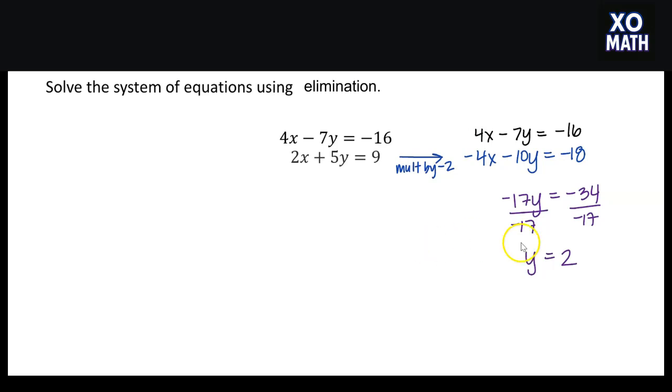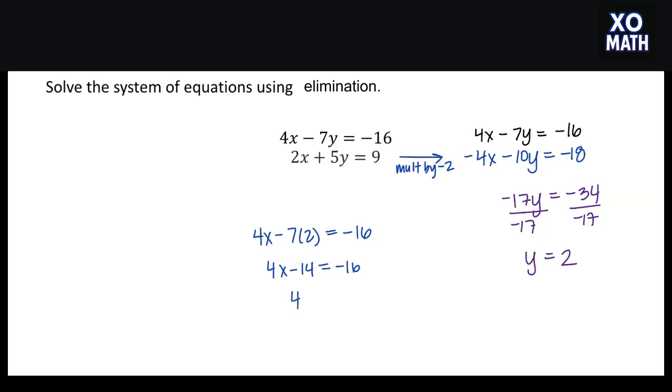Now substituting back into either equation, I'll go ahead and substitute into the top equation. I have 4x minus 7 times 2 is equal to negative 16. So 4x minus 14 is equal to negative 16.